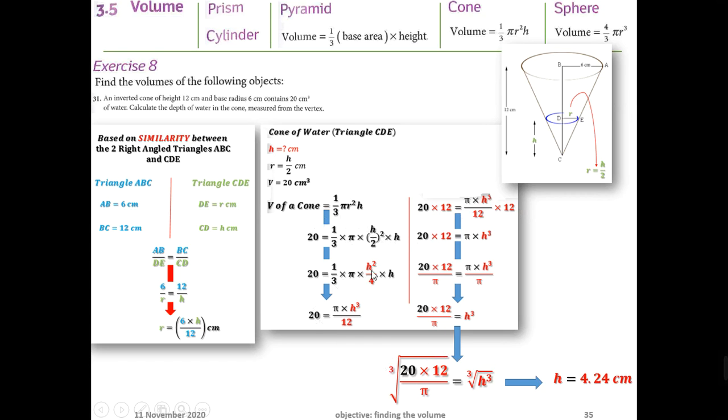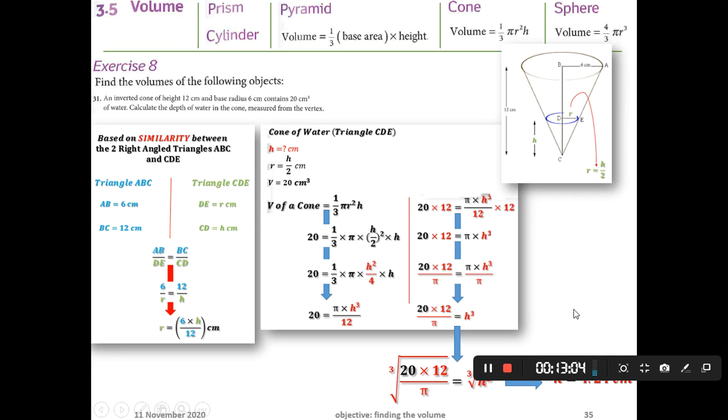And then we applied opposite operations after simplifying, or after bringing the equation into its simplest form. So we multiplied here by 12 to get rid of the denominator, and then we divided by pi, and then we cube rooted each side to find the h. And we rounded our final answer to 3 significant figures.